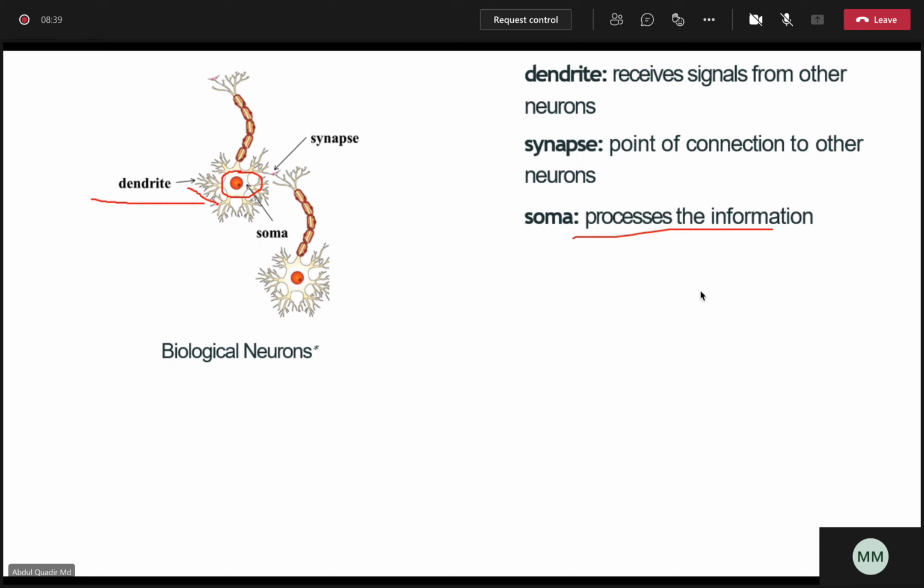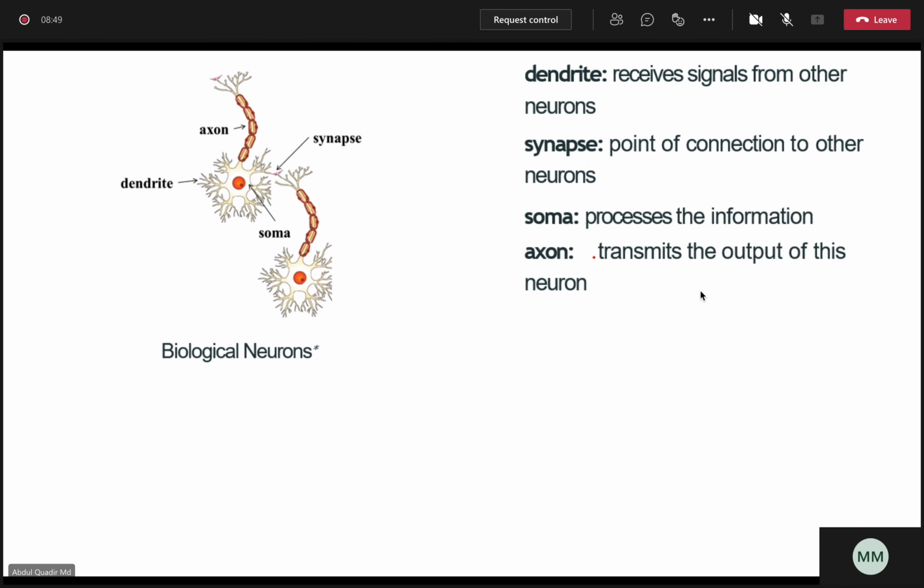So it receives the information, this is the interconnection with the other neurons, and this is the one which processes the information, which is called a soma. And the axon, can you see? The axon transmits the output. So after the processing, from here it transmits the output to the other neurons. So there are 4 things you have to get into picture.